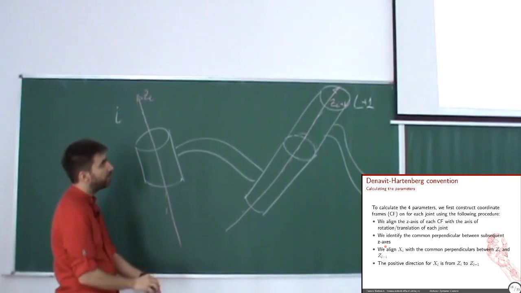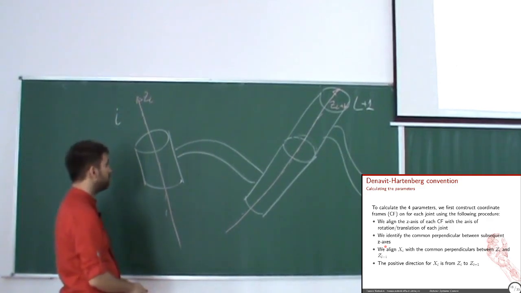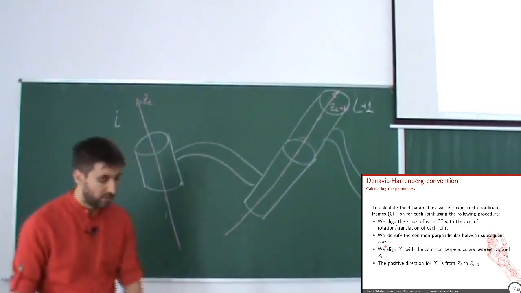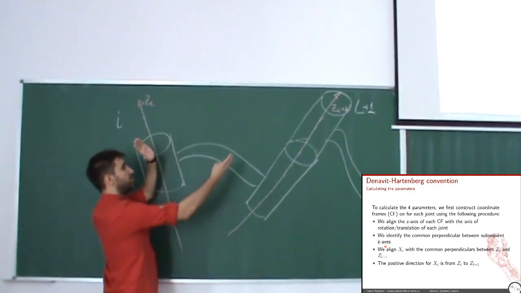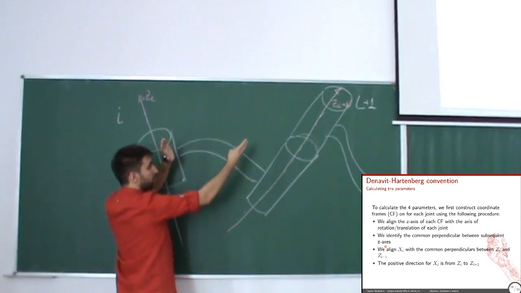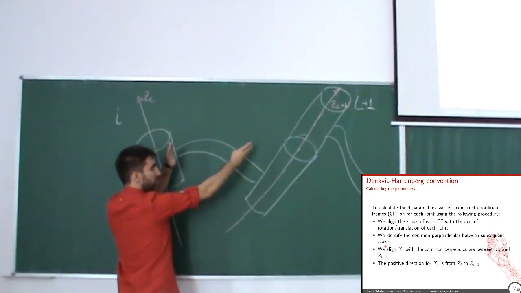Next step, identify the common perpendicular between subsequent Z axes. Now here it's difficult to explain how the axes look, but let's say this is pointing a bit outwards and this points a bit inwards. Difficult to imagine. I have some drawings, some videos, so it will become easier.